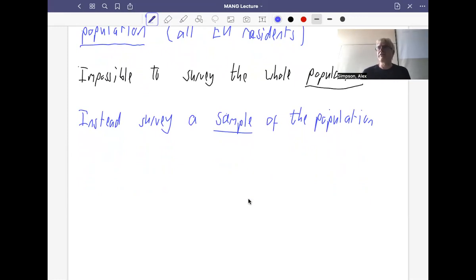So if 90% of the sample say that they have a positive opinion of the EU, which would certainly not happen, but if they did say that, and if our sample were representative of the whole population, we would infer that somewhere around 90% of the whole population of the EU had a positive opinion of the EU.